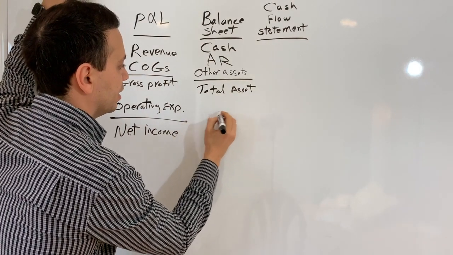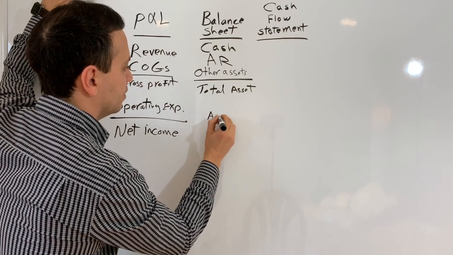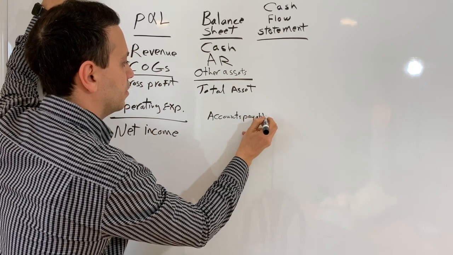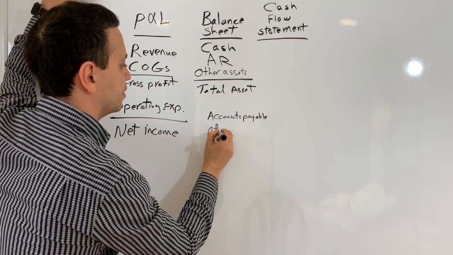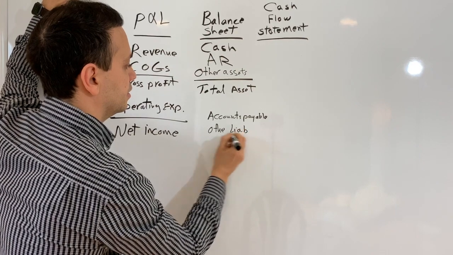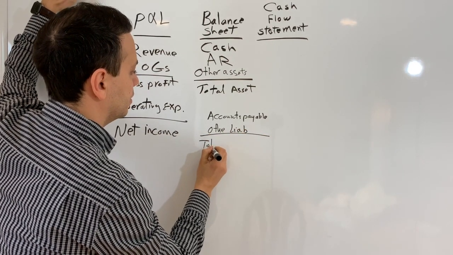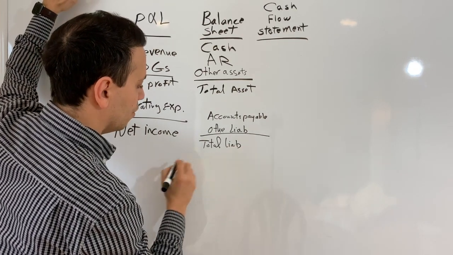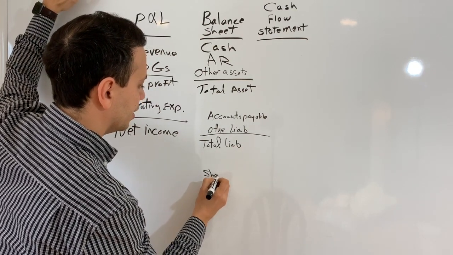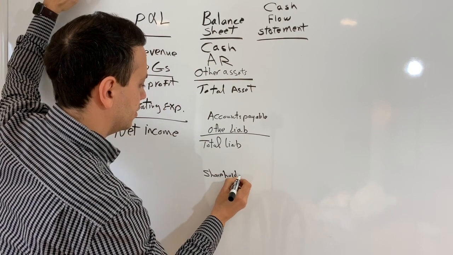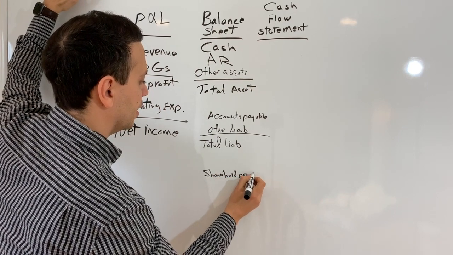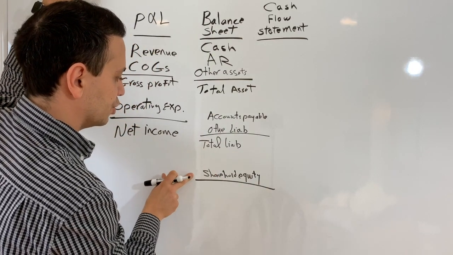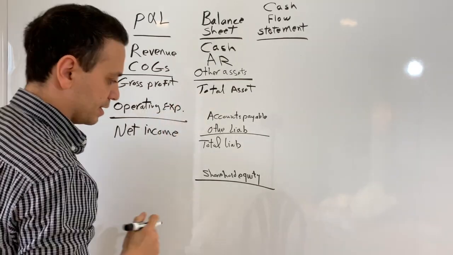So for liabilities, mostly you'll have accounts payable, you'll have other liabilities, and that's total liabilities. And then you'll have equity, which is shareholder equity. And then obviously total liability plus shareholder equity will equal to total assets.